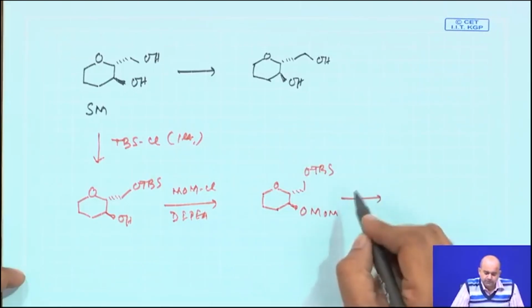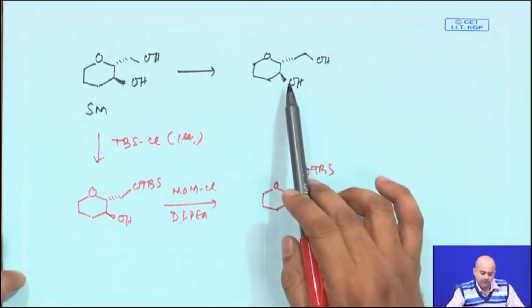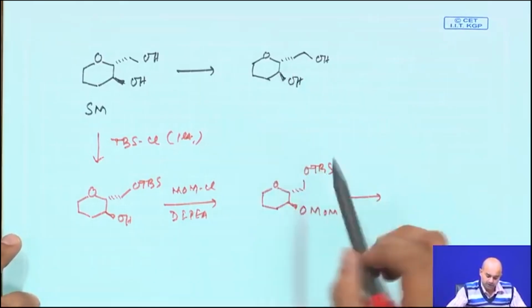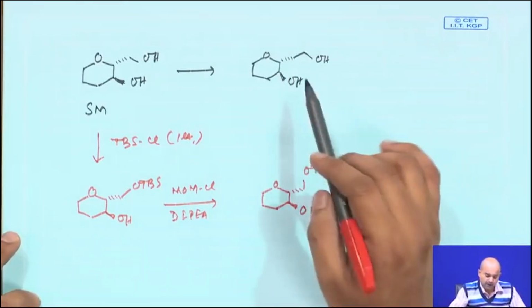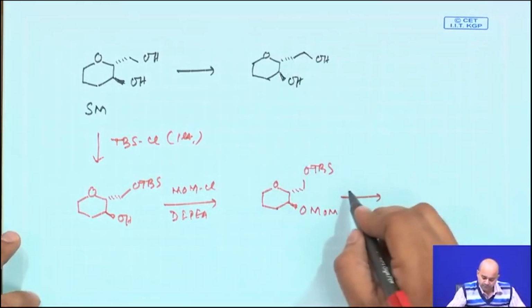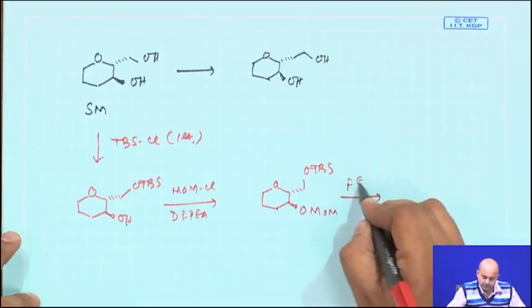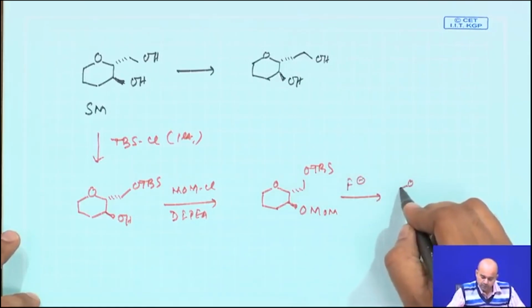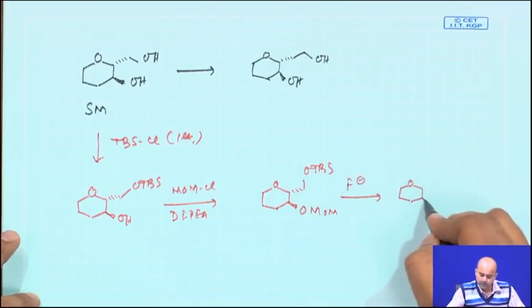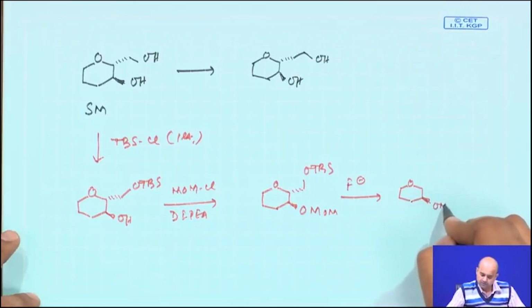Now, as the synthetic strategy requires, you need to deblock this particular TBS protecting group, as you need to have an FGI here.